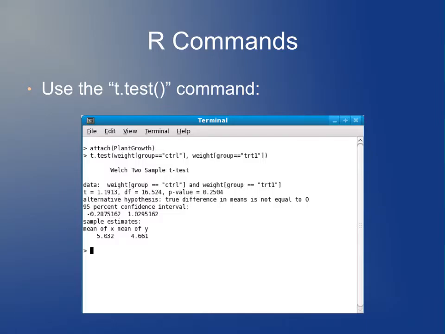So here we say t.test of weight where the group is equal to control, and we want to compare it to weight where group is equal to treatment 1. And as you can see here, the p-value is 0.25, not statistically significant.